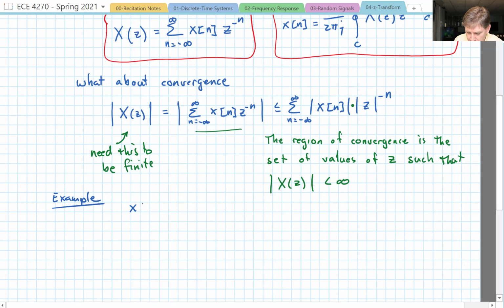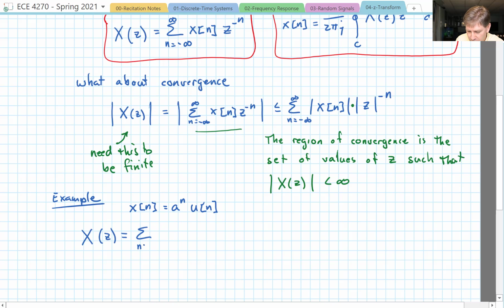So we'll start with the example of x of n is equal to a to the n times u of n. The Z transform is pretty straightforward. X of Z is equal to the sum.